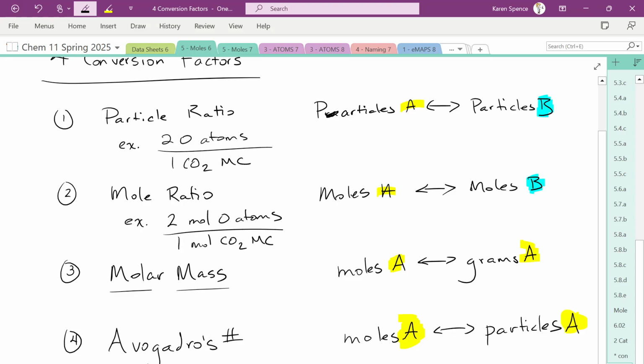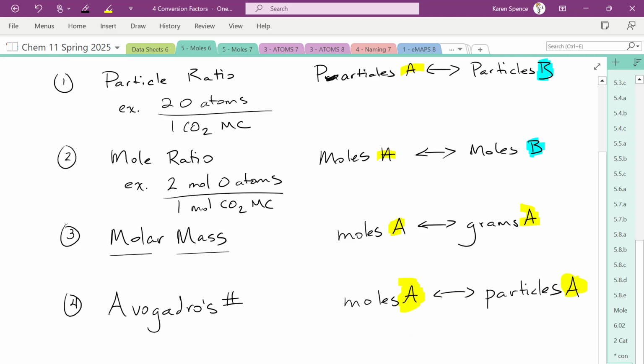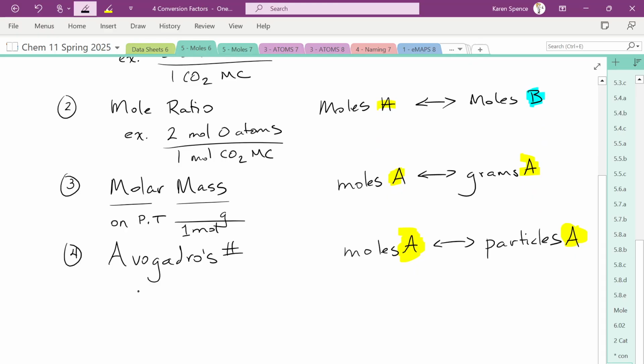Molar mass, where do we find it? On the periodic table, and it's going to be so many grams per 1 mole. And Avogadro's number, 6.02 times 10 to the 23 what? Is it moles or particles? Particles per mole.